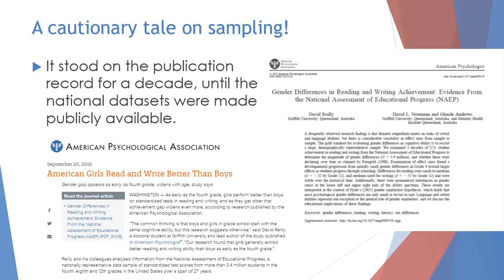Now, the local state data was a little bit iffy for a whole variety of reasons. But the national data set showed these pronounced gender differences. And we were able to refute the assertion that we don't need to fund girls' education in mathematics. We don't need to raise the profile of girls in science, technology, engineering and mathematics.